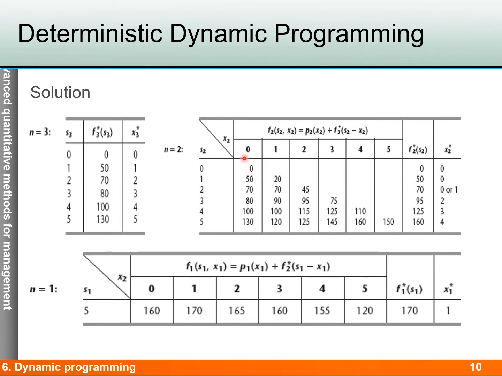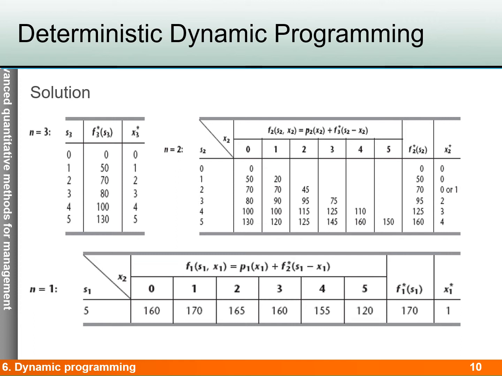From what allocation does it come? From allocation 0. Let's go, for example, to this 4. Why do we have 5 elements here, or why do we have 4 elements? Obviously, because we can allocate 0 or up to that maximum.